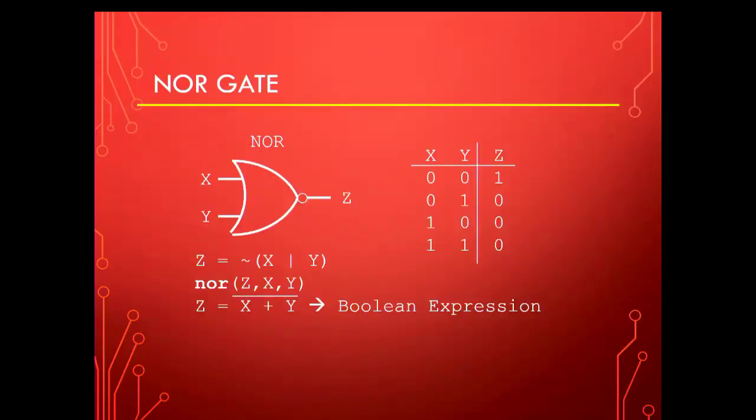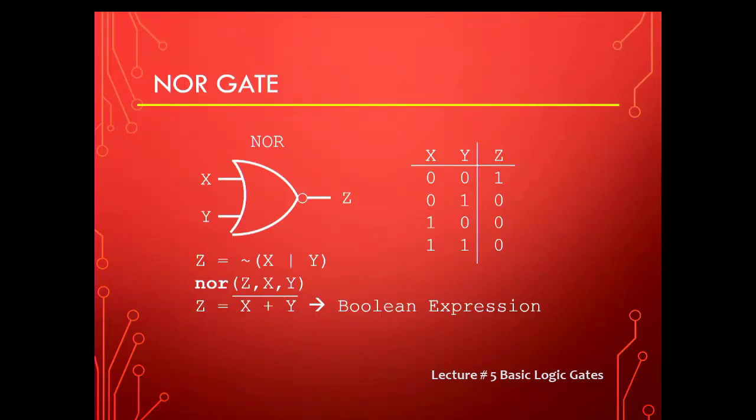NOR gate, again, also a universal gate. When both the inputs are low, the output is going to be high. For the rest of the other combinations, the output is going to be 0. And again, if you look at it closely, it's basically an OR gate with the bubble at the output. So it's an opposite of OR gate.